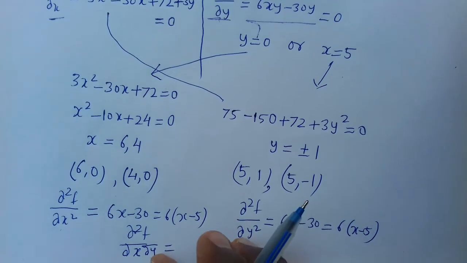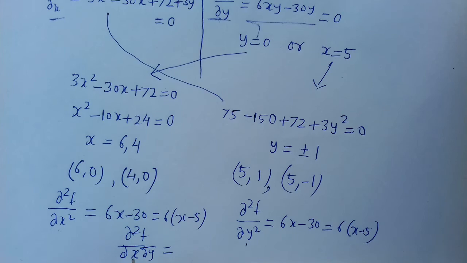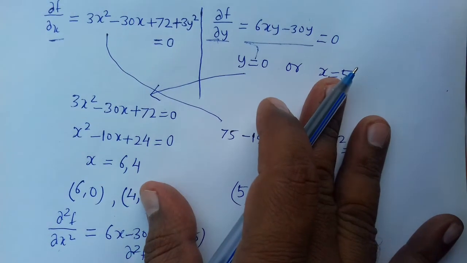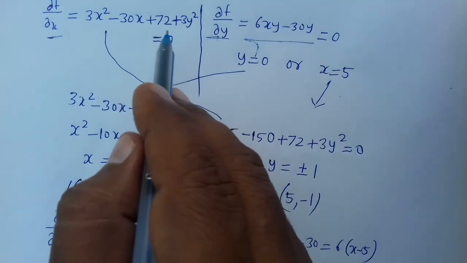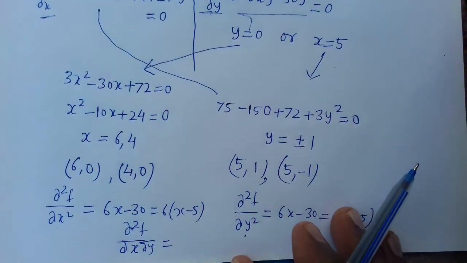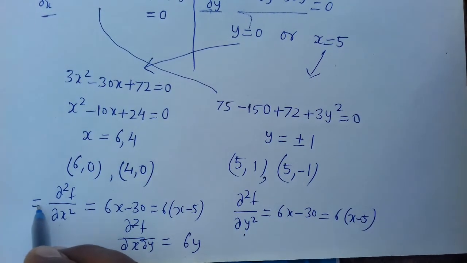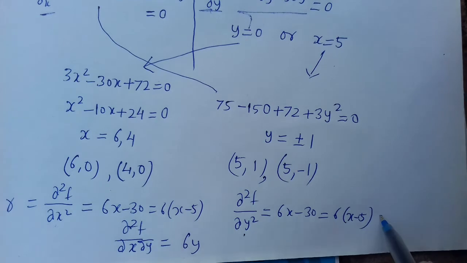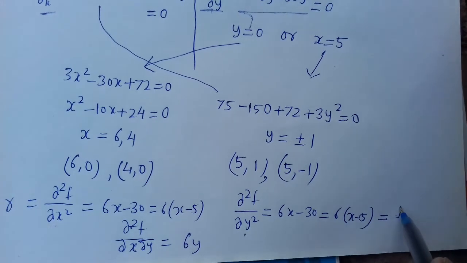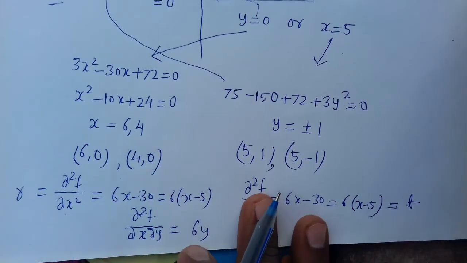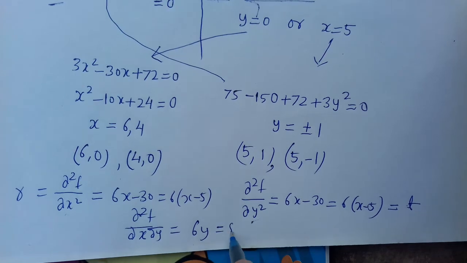This is also a second derivative, but mixed. If you differentiate with respect to y, you have 6y. We call this r, this t, and this s.